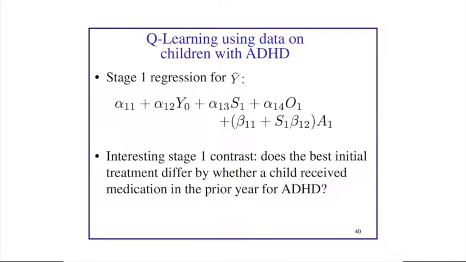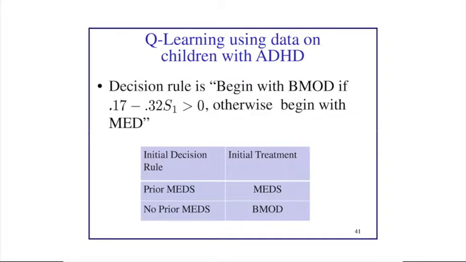The clinician anticipated that this would be an important variable. Okay, so we run it and there's our regression coefficients, and you see indeed the clinician was right. If they had received medication in the prior year, provide meds. If they had not received medication in the prior year, provide behavioral modification.